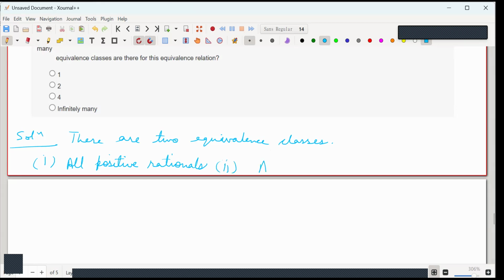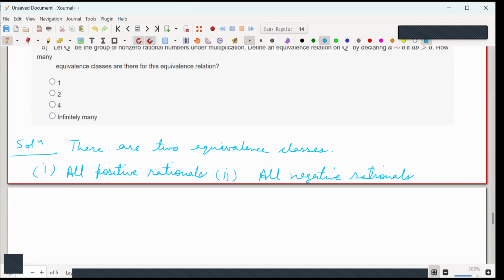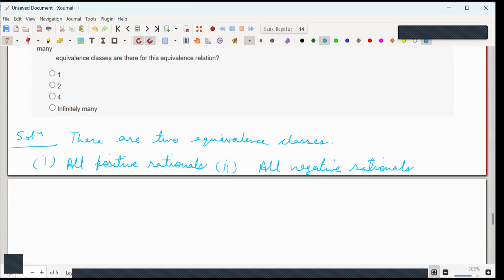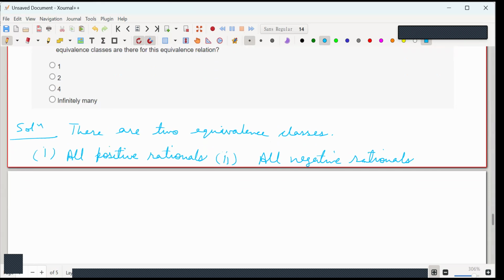So we can see that there are two equivalence classes, where one consists of the positive rationals and one of the negative rationals. Having two equivalence classes means if I take any two elements in this class, they should be related. And similarly, if I take any two elements in this class, they should also be related.